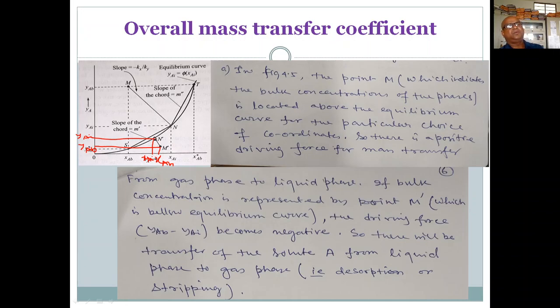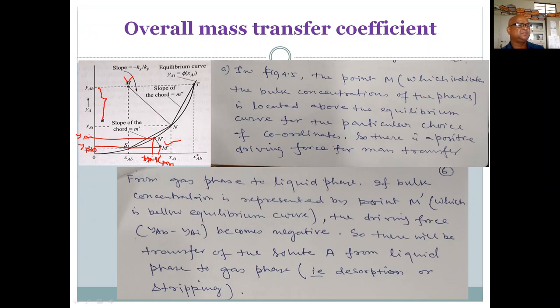Stripping means the concentration in the liquid phase is high and in the gas phase is low. Same thing: if you see this M point and this M dash point, in one case mass transfer is happening from the gas phase to the liquid phase, so the gas phase concentration is high and the liquid phase concentration is low. This is the slope and this is the driving force.